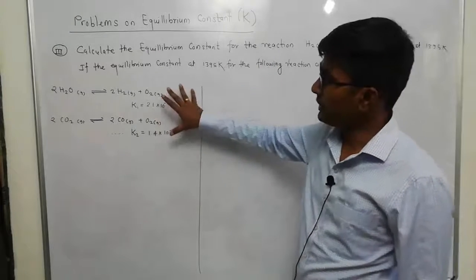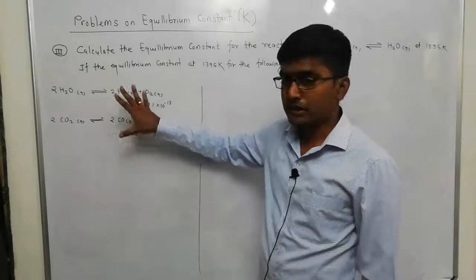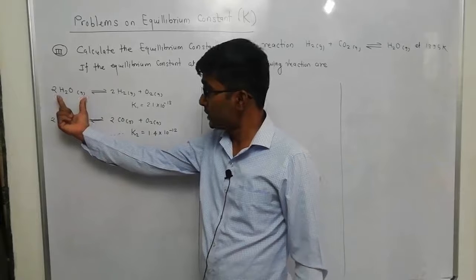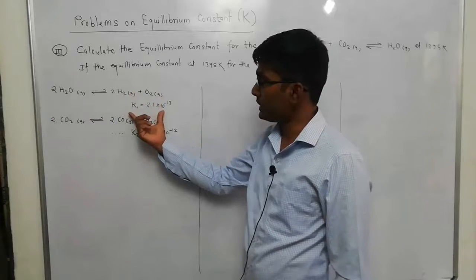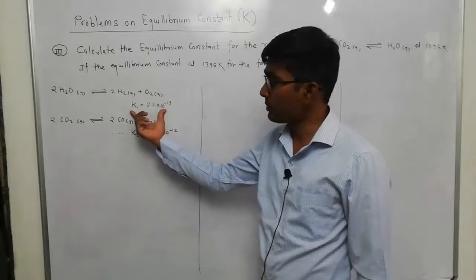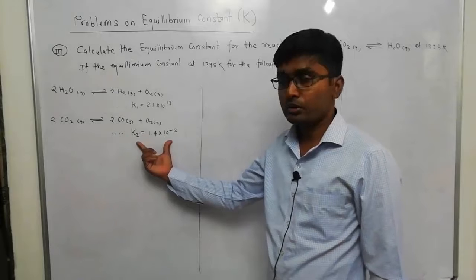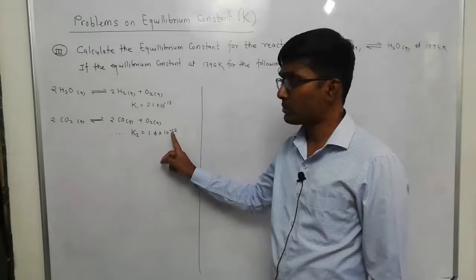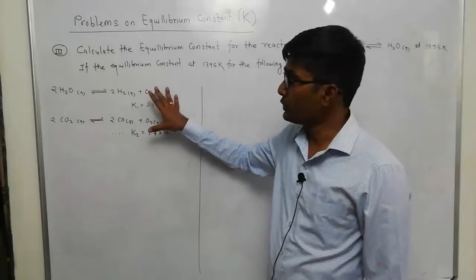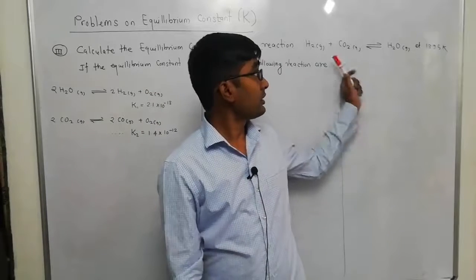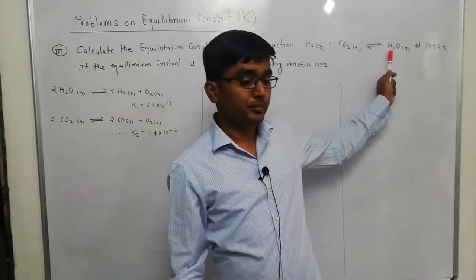The equilibrium constants at this temperature for two reactions are given. The first is the decomposition of water into hydrogen and oxygen, with equilibrium constant observed to be 2.1 times 10 raised to minus 13. For carbon dioxide, the equilibrium constant K2 is observed to be 1.4 times 10 raised to minus 12. From these two reactions we need to find the equilibrium constant for the reaction of hydrogen plus carbon dioxide giving rise to H2O.